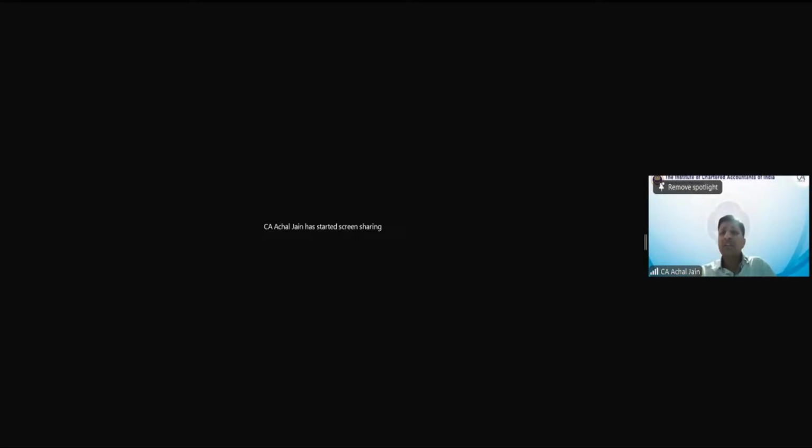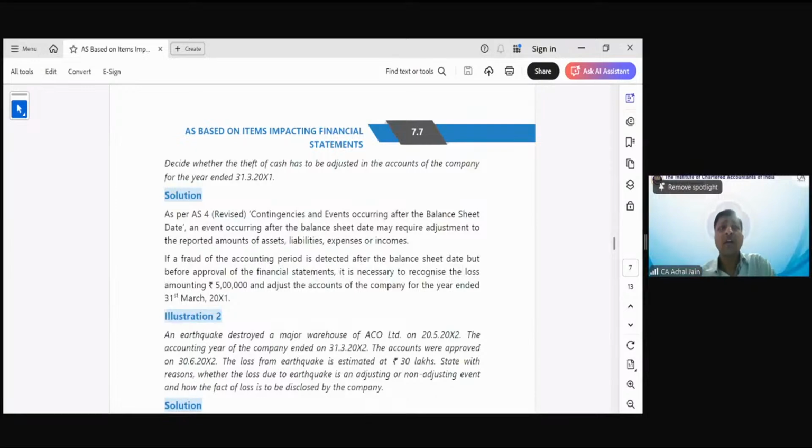But yes, a disclosure for this event will have to be done. And where do you do the disclosure? If the amount is very significant, you get onto the financial statements also. But as per the requirements of the accounting standards, you will do that in the director's report. Director's report is the report of the approving authority. Okay. Now, next example.